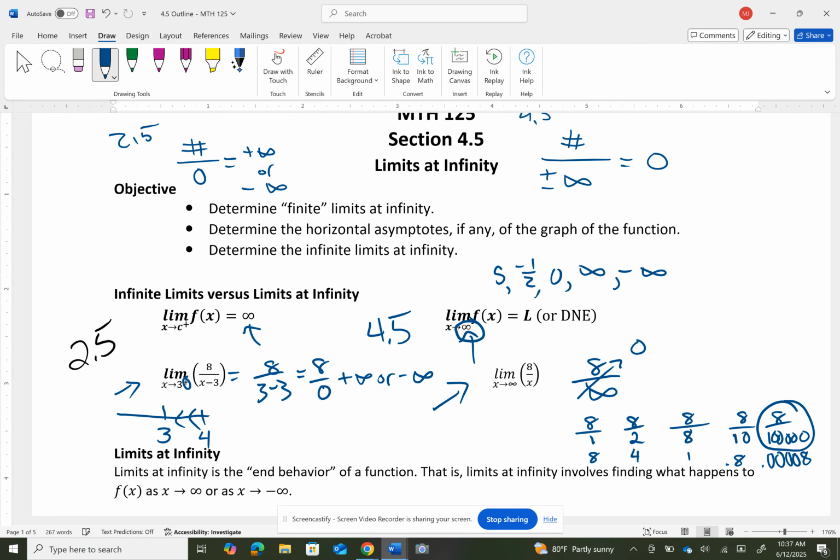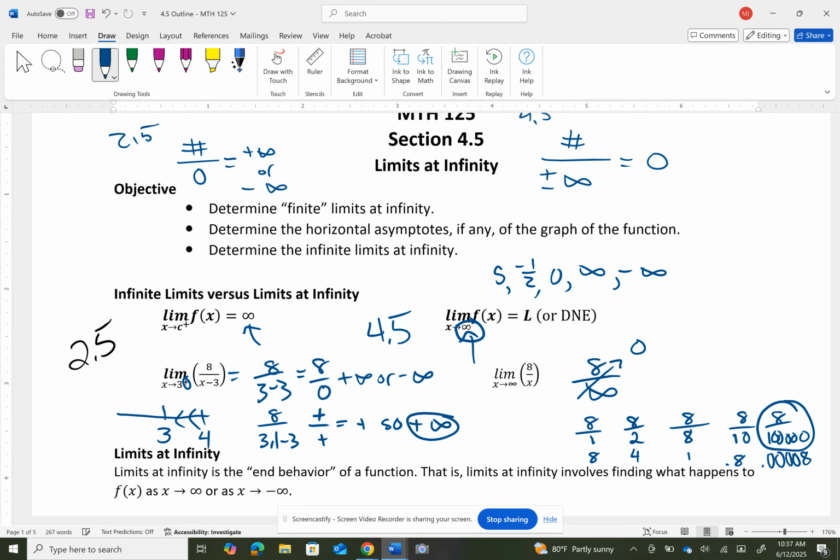If I plug in, say, a 3.1, I'm going to have a positive on top because it was just a fixed number 8, and then since I'm approaching from the right and subtracting 3, I'm going to have a positive on the bottom, so I wind up having the final answer being a positive infinity. You have to do a two-part analysis.